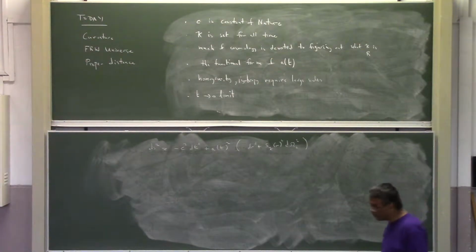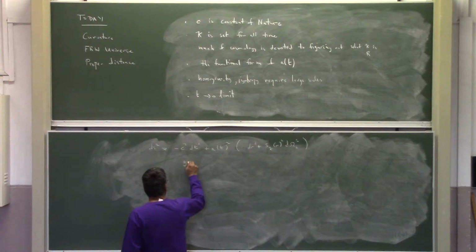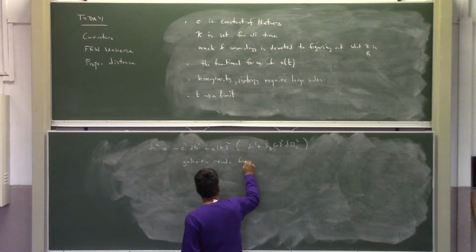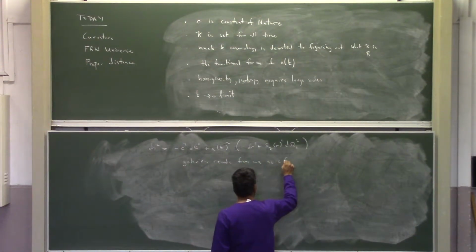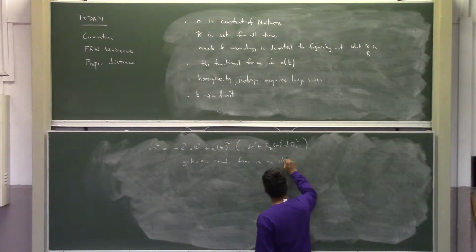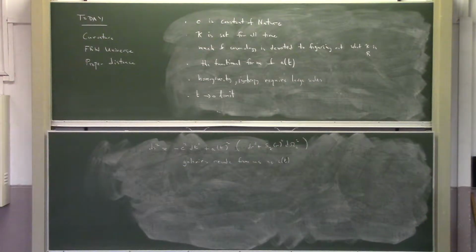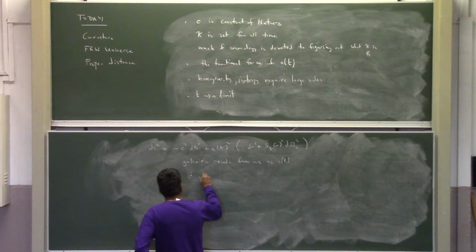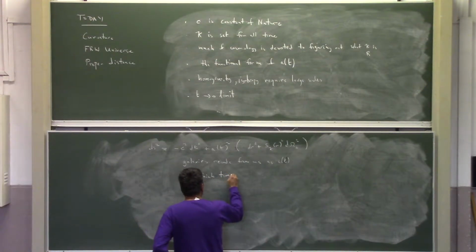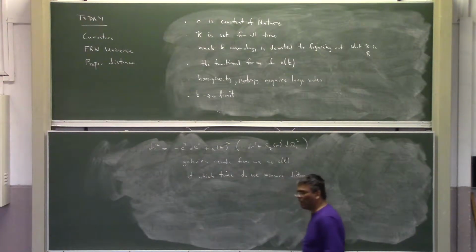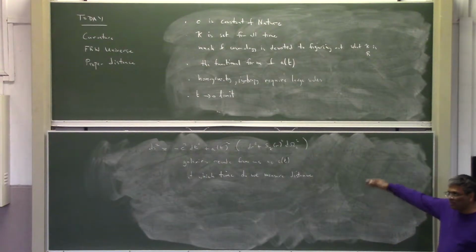Galaxies recede from us as a function of the scale factor, A of t. So it's a function of time. So the trick then is to specify at which time we're measuring distances. Because it might well be the case that by the time you make a measurement, the thing is further away.